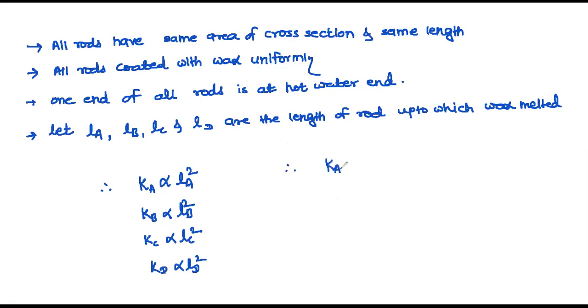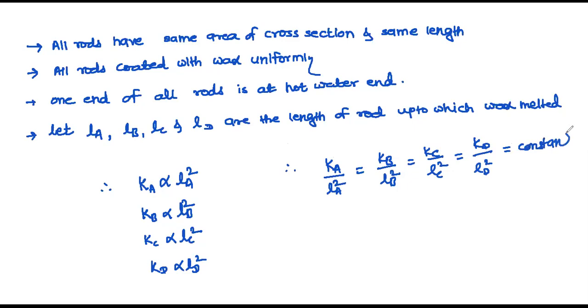Therefore, Ka by La square is equal to Kb by Lb square is equal to Kc by Lc square is equal to Kd by Ld square should be always constant. That is the Ingenhousz experiment.